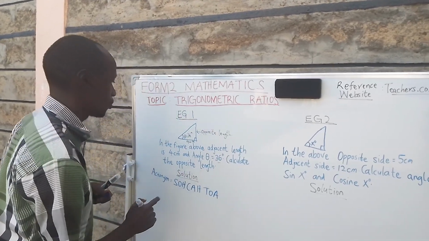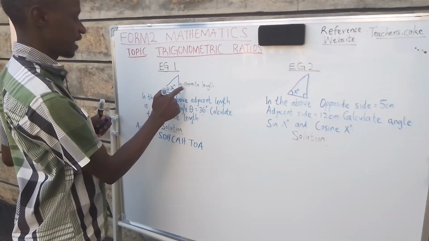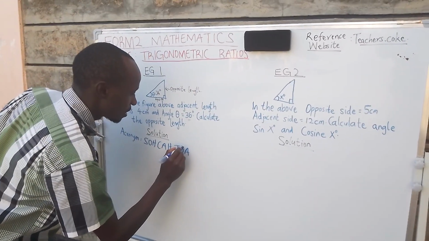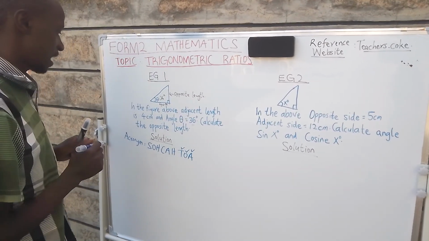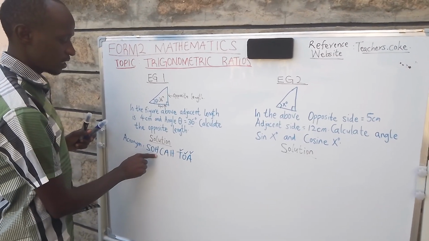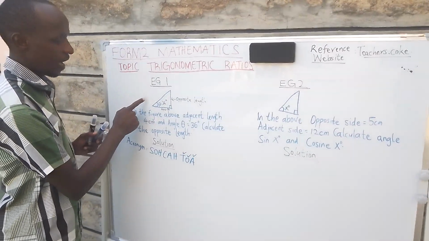So when you are dealing with the opposite length and the adjacent length, we are going to use tan of theta. We cannot use sine, because sine deals with the opposite and the hypotenuse, and here we have not been given the hypotenuse.